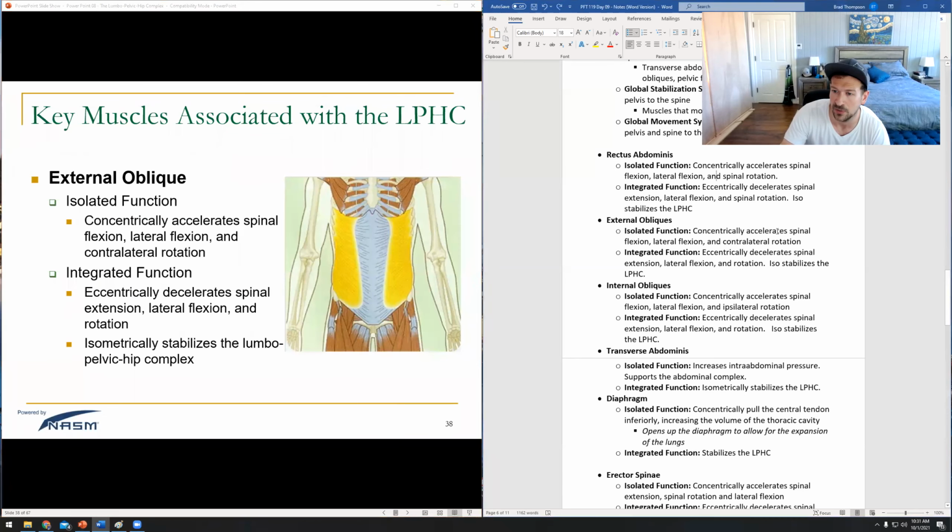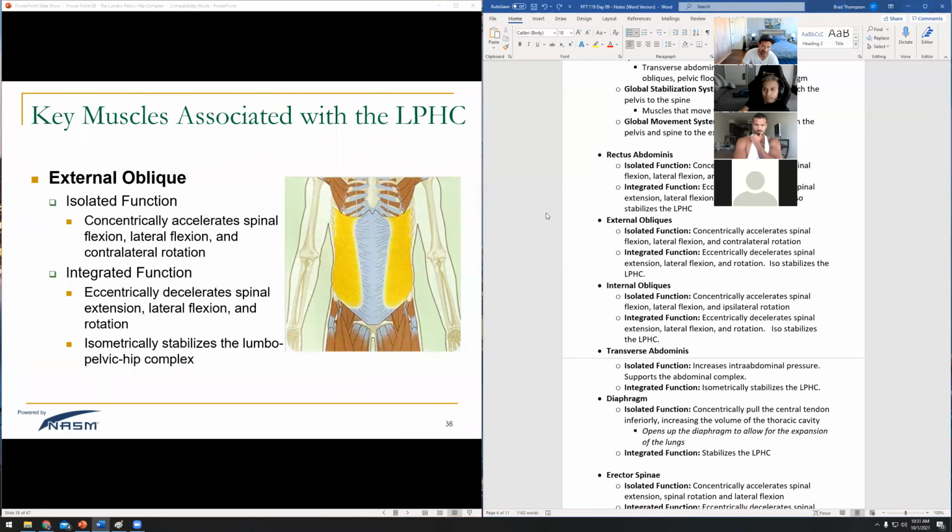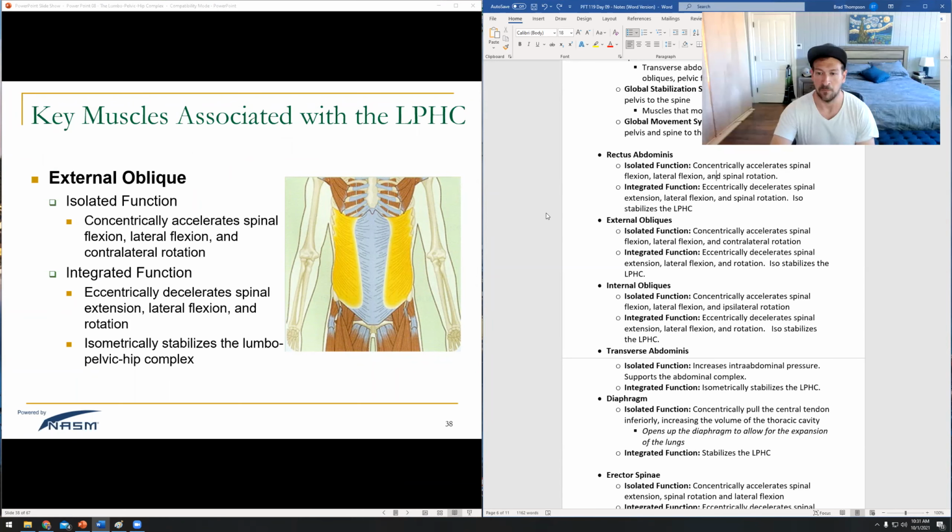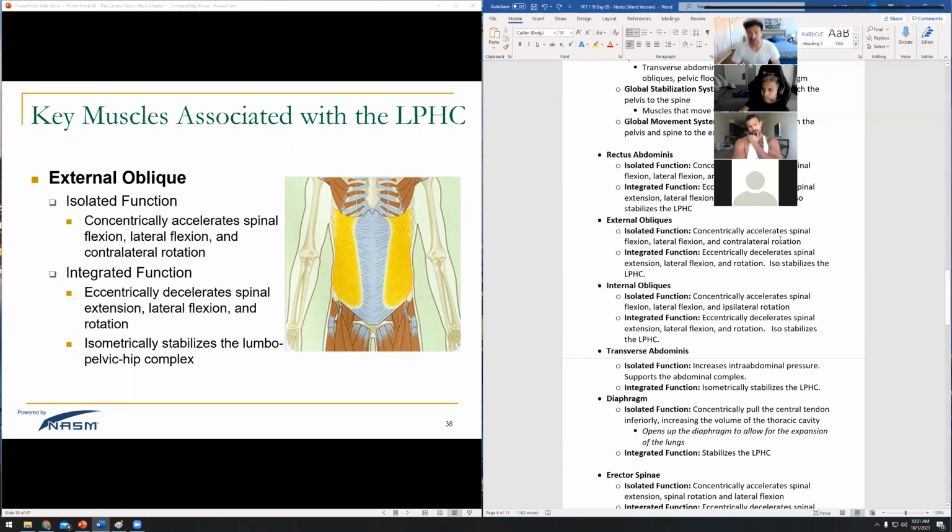So your external obliques accelerate, oh, they do also, similar to how the rectus does a little bit of rotation, a little bit of flexion, but what I want you to think of is spinal rotation. And then a little bit of lateral flexion as well. However, never do this, guys. This exercise sucks.